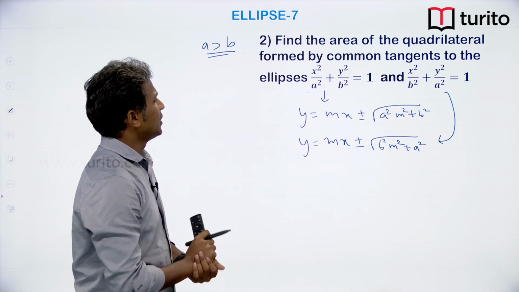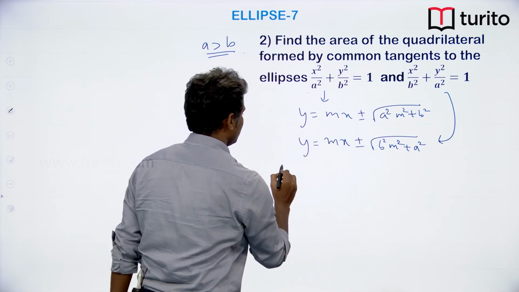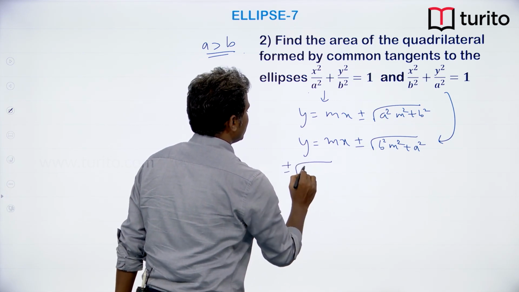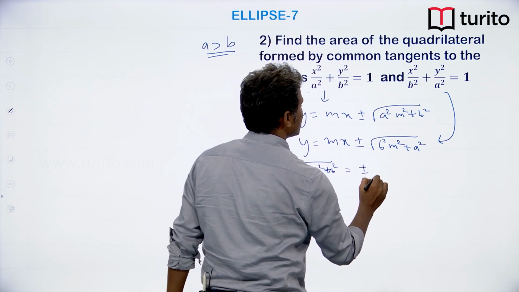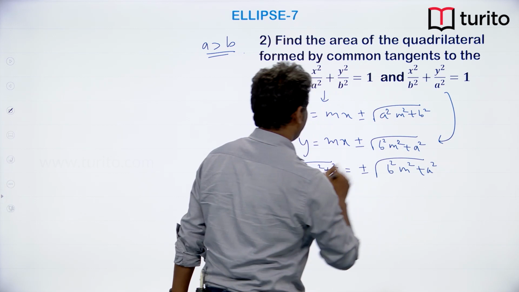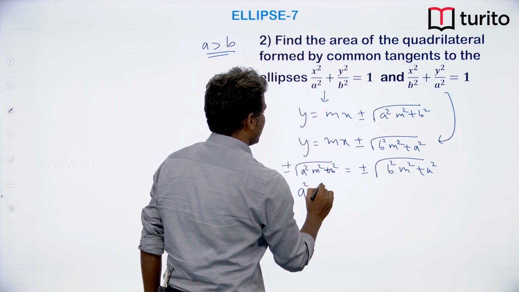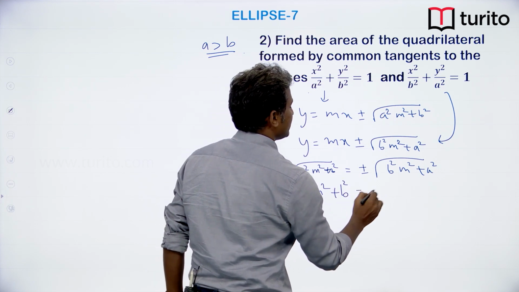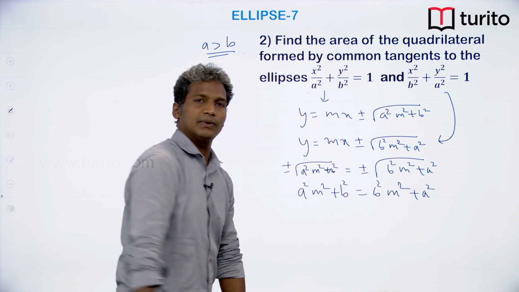Now we want to solve for m. So, equate these two: plus minus root of a square m square plus b square is equal to plus minus root of b square m square plus a square. Now, if we square this, we get a square m square plus b square is equal to b square m square plus a square.